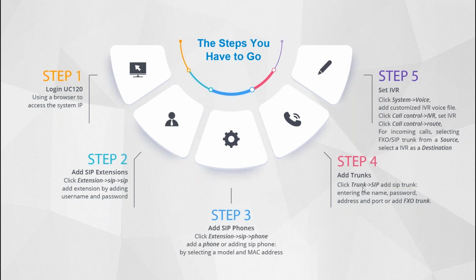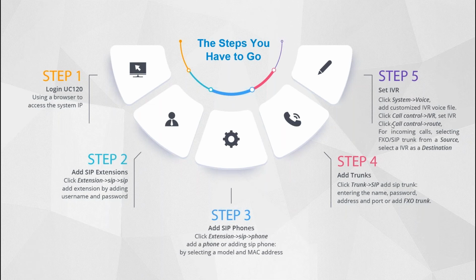After that, you have to add your trunk. And trunk means that if you want to call outside or inside, you have to go through the trunk. So here we can offer 2 kinds of trunk. One is a SIP trunk. Another one is FXO trunk.